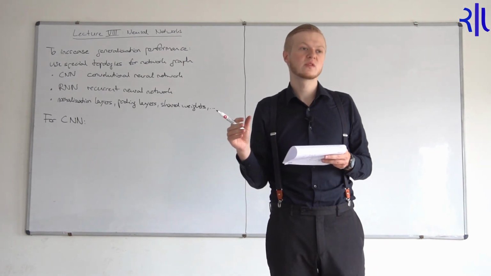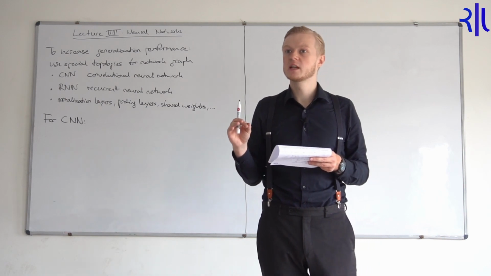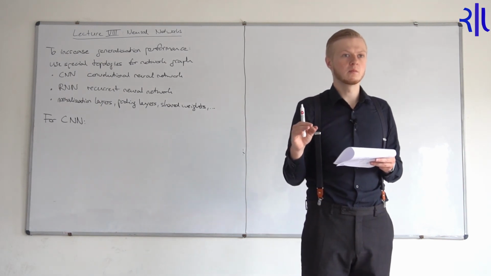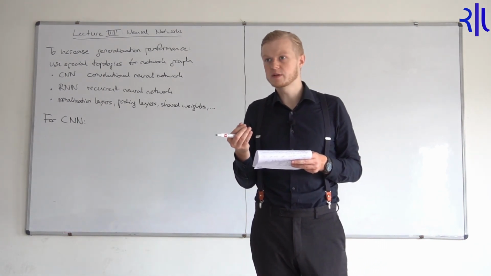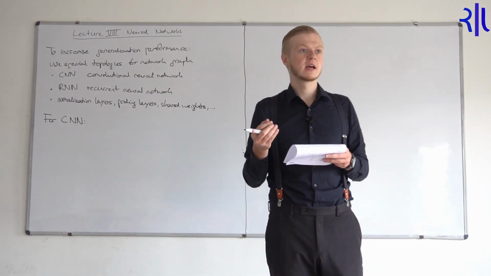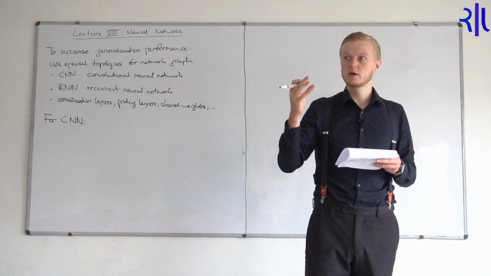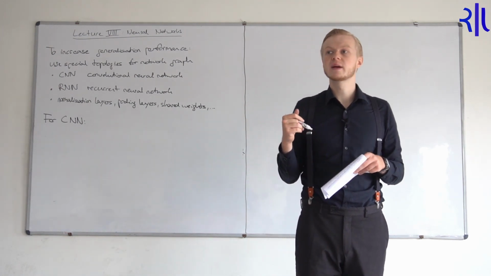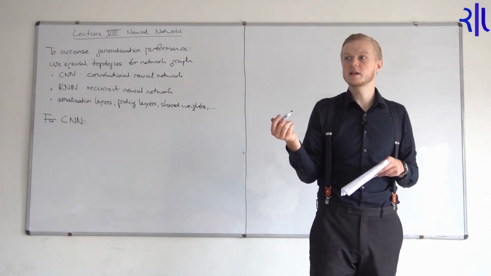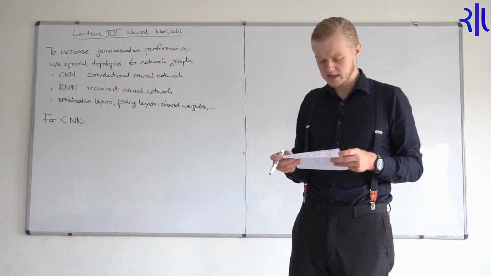When you have a straightforward vanilla multi-layer perceptron, then there is no connection in between two neighboring pixels. If you permute all the pixels, if you rearrange everything, then the information that you actually have in a picture would get lost completely.